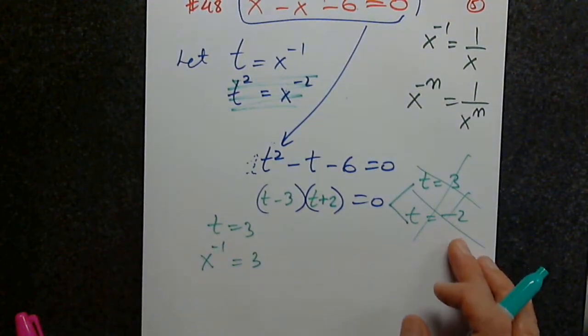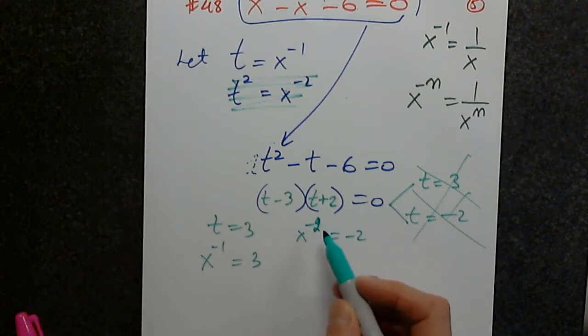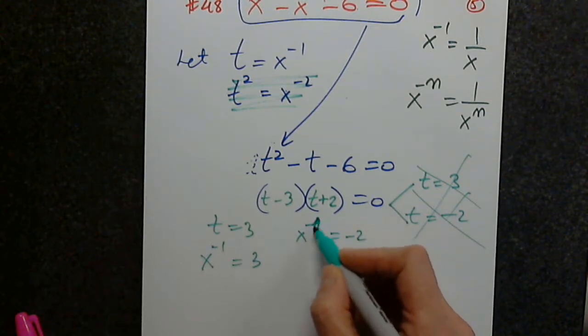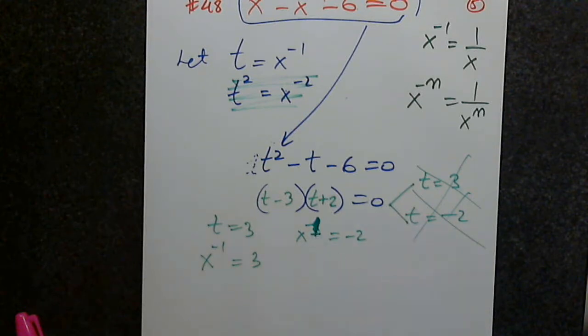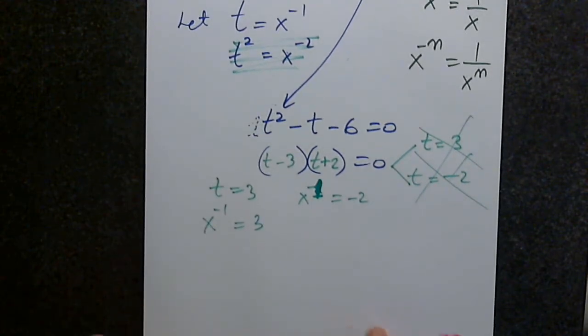And the other equation is x to negative 1 equals negative 2. Good. So now, what does x to negative 1 represent? Excellent. 1 over x equals 3 over 1.